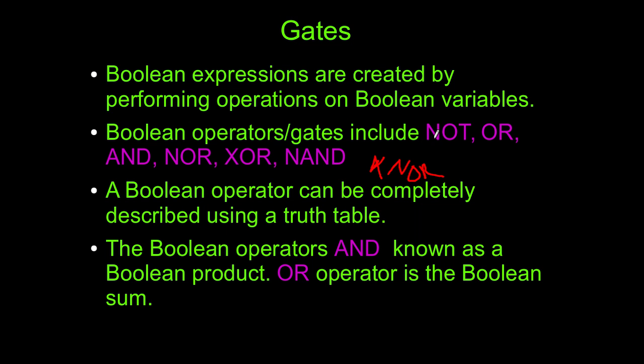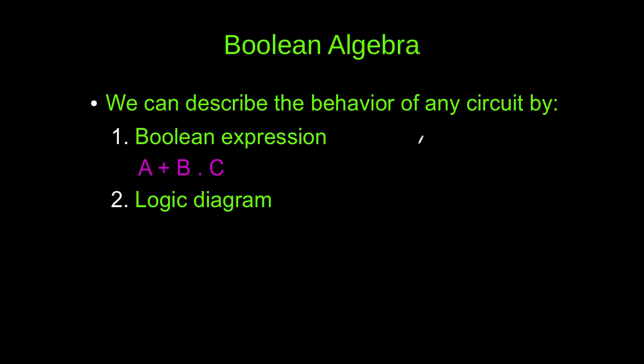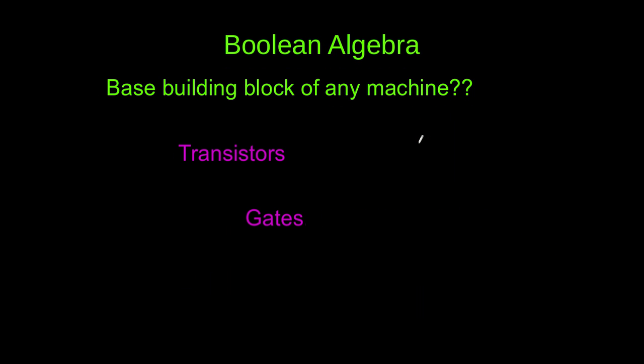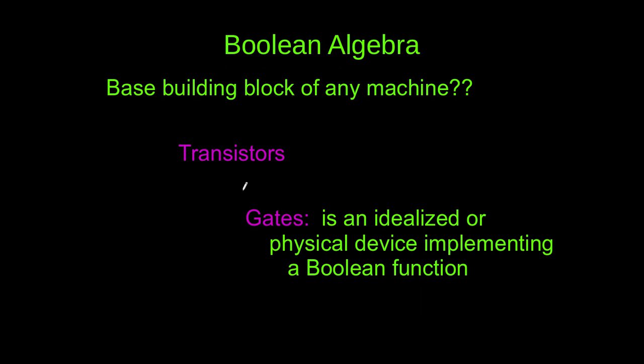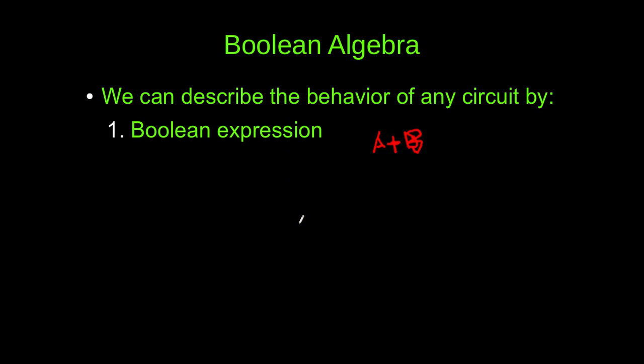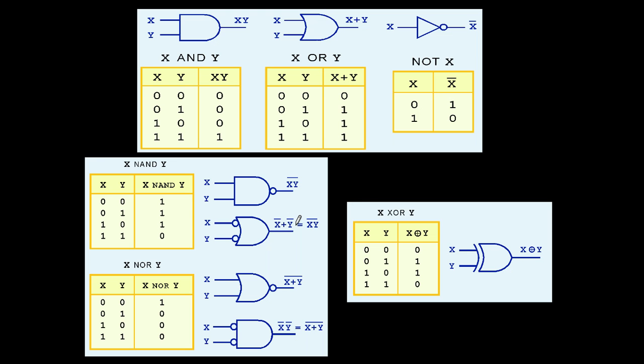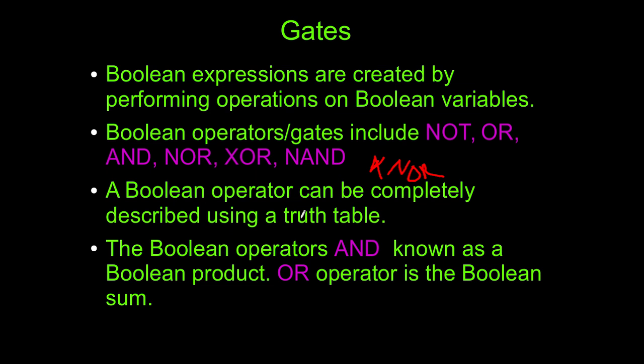So how do I go back to this? We had what? Transistors, which are switches. We get gates, which are those 6 gates. From those 6 gates I can implement. This is what builds your computer. Any electrical device is built from only those 6 gates. You don't need anything more.